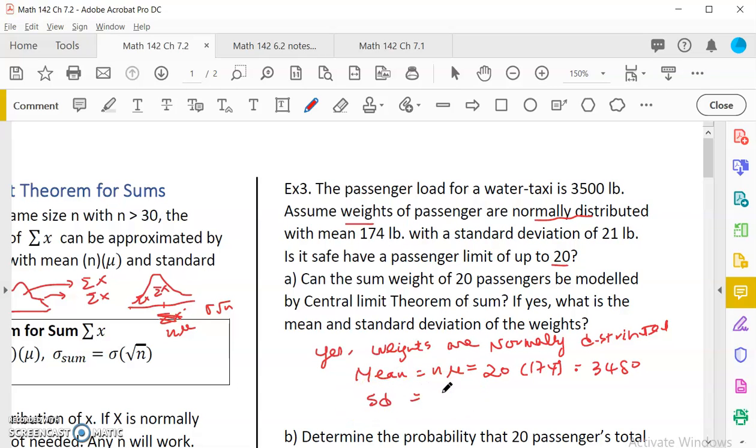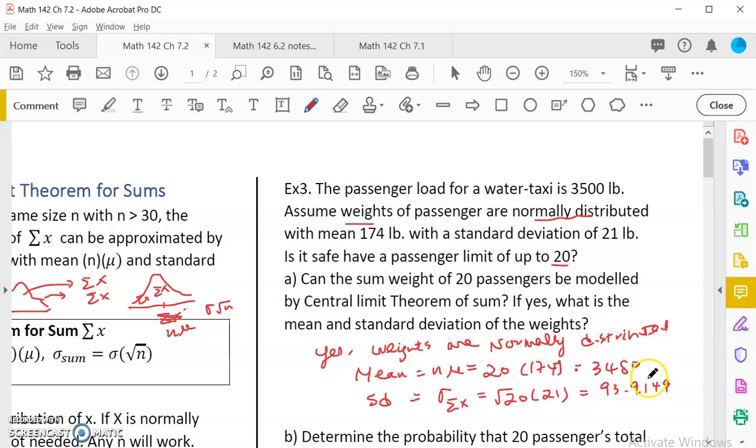The standard deviation of the sum of x is the square root of 20 times the original sigma of 21. So square root of 20 times 21, rounded to 93.9149.